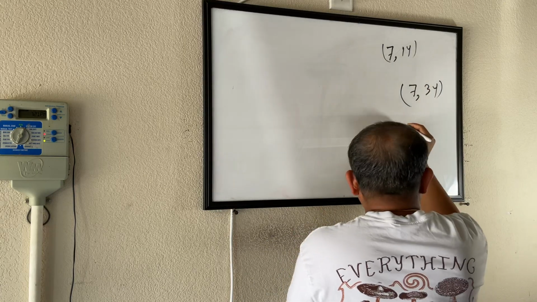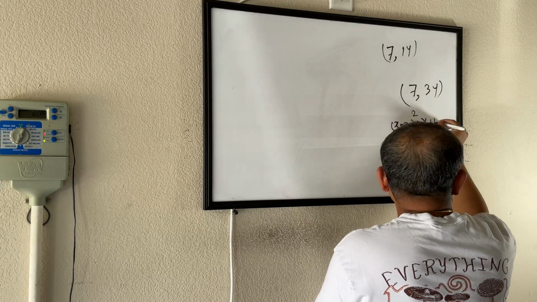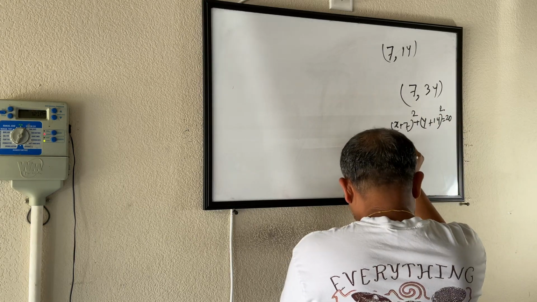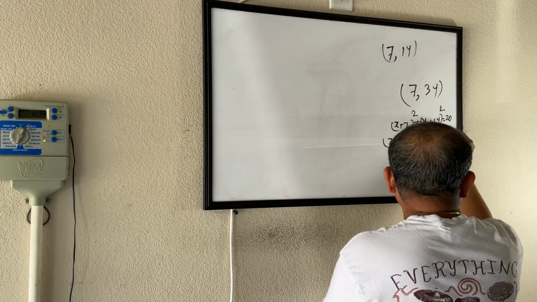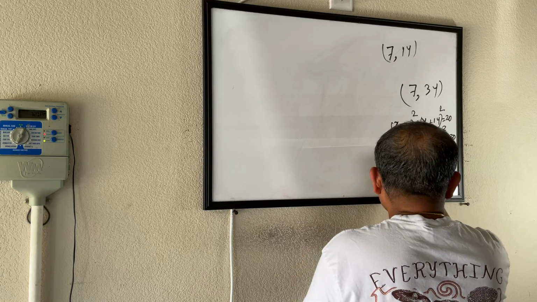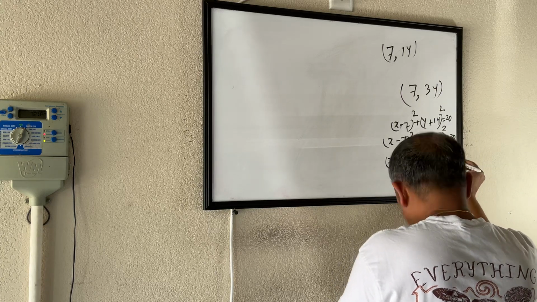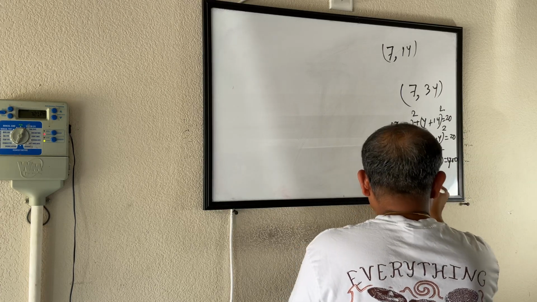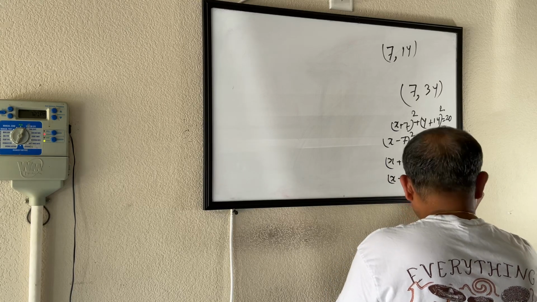And we have 4 options. (x plus 7) squared plus (y plus 14) squared equal to 20. (x minus 7) squared plus (y minus 14) squared equal to 20. (x plus 7) squared plus (y plus 14) squared equal to 400, and (x minus 7) squared plus (y minus 14) squared equal to 400.